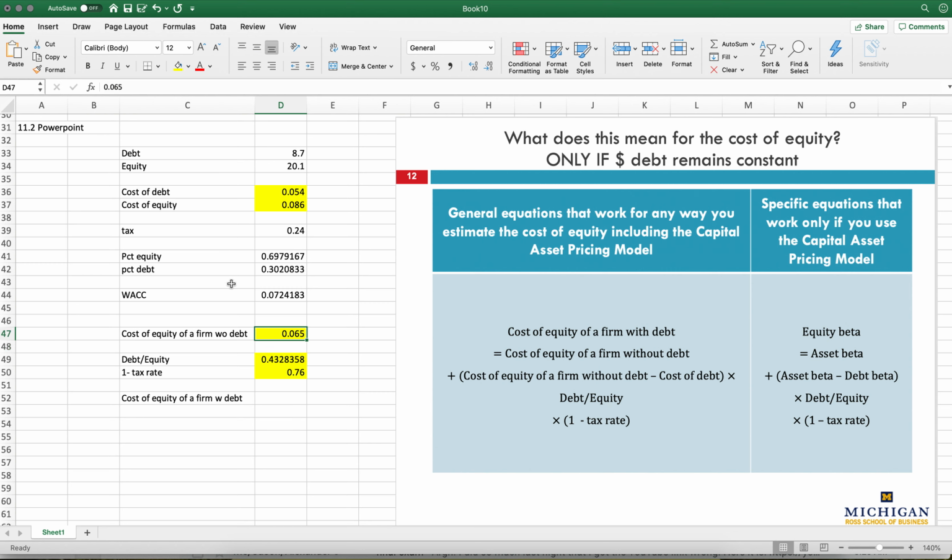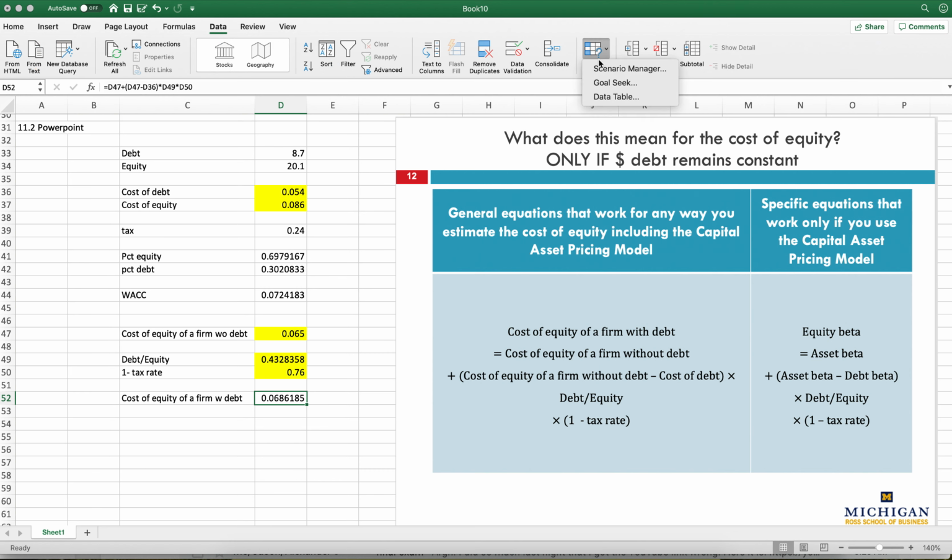That's going to be this, plus, we're going to add a parentheses, cost of equity of a firm without debt, so that's that same number, minus the cost of debt, which we have. Close your parentheses, multiply that times debt over equity times 1 minus the tax rate. So we get some weird number.